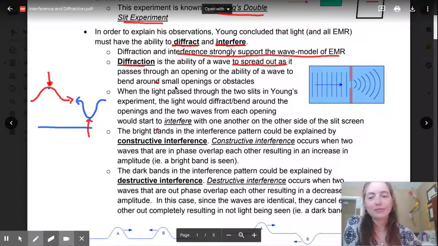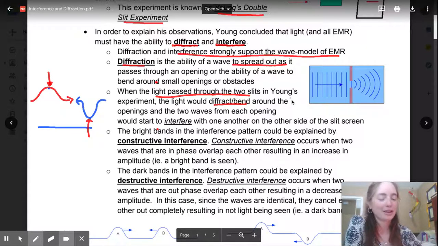Okay, so in light's double-slit experiment, light passes through two slits, and the light is going to bend around these openings. On the next page, we've got a diagram where we'll draw more about what's happening. As they bend, and if you have another light wave here, notice you're going to have interference.